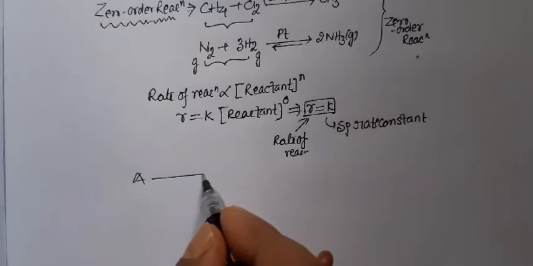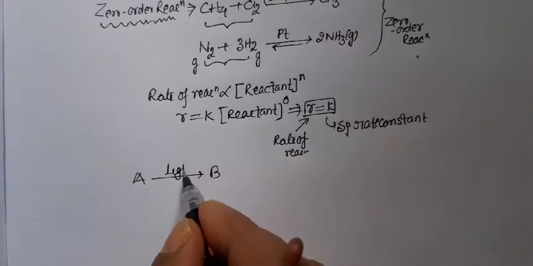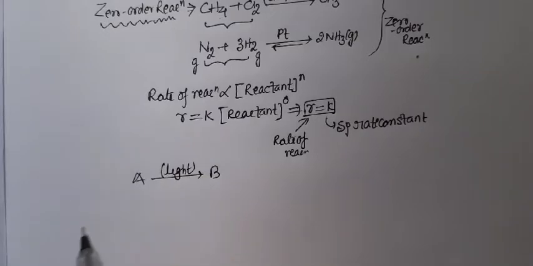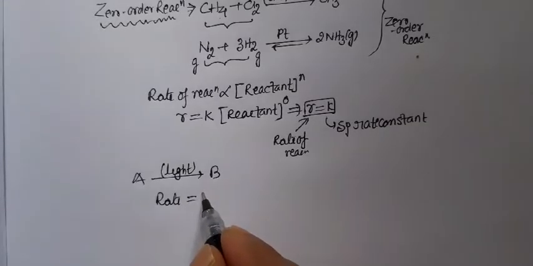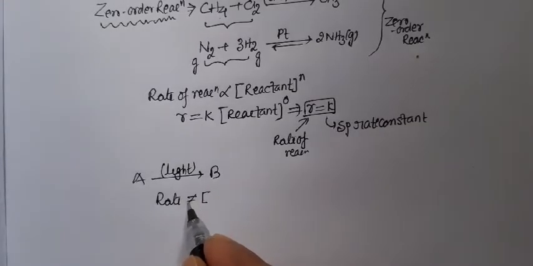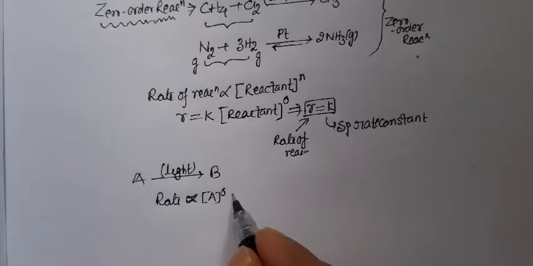Let us consider a general reaction of the following type: A changes into B, taking place in presence of light, and rate is directly proportional to reactant A to the power 0.